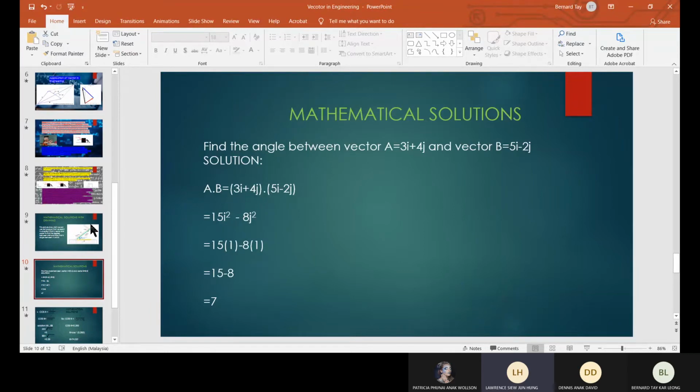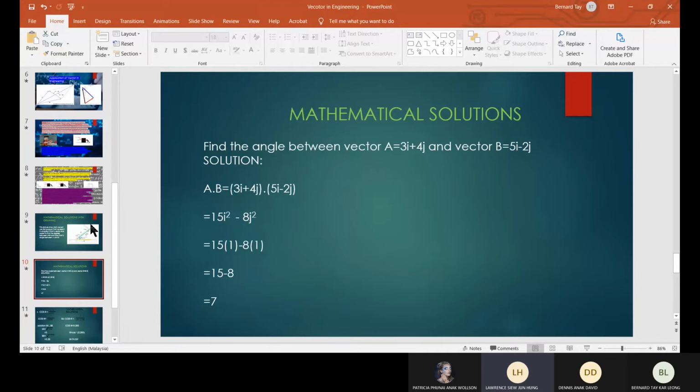So we just need 3i times 5i plus 4j times negative 2j. It will equal 15i squared minus 8j squared. If there is a square, we replace i squared and j squared with 1. So 15 times 1 minus 8 times 1.